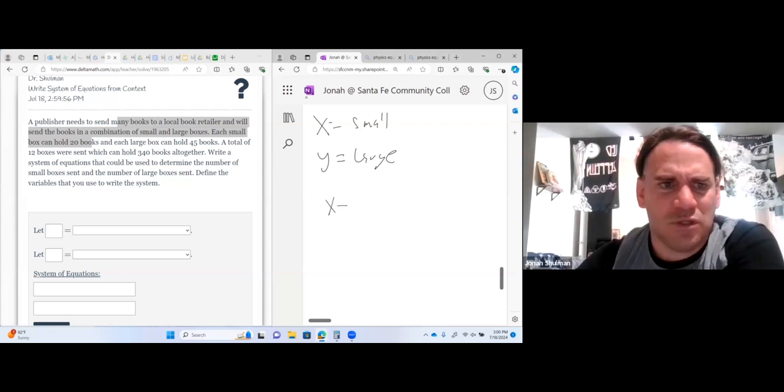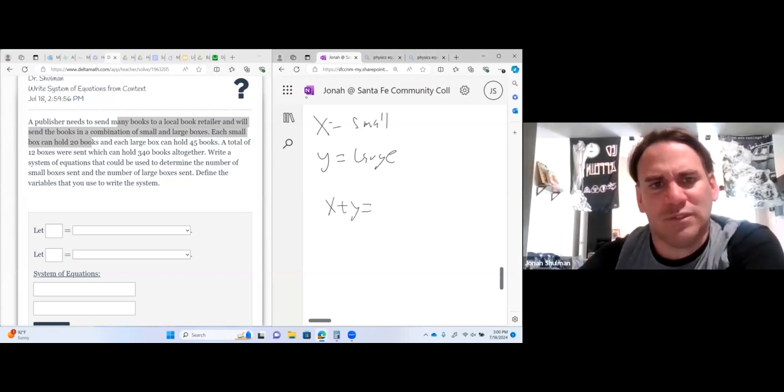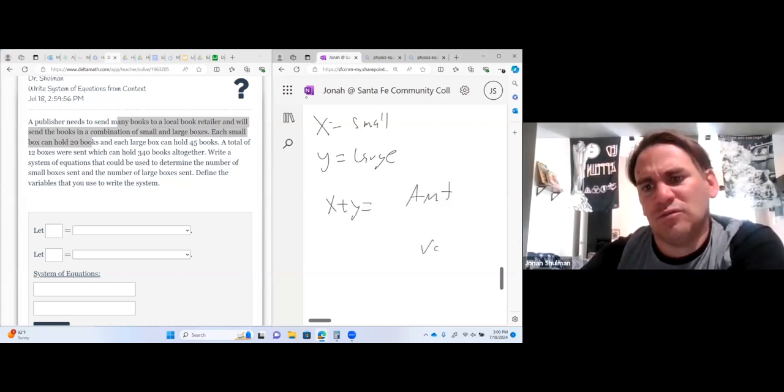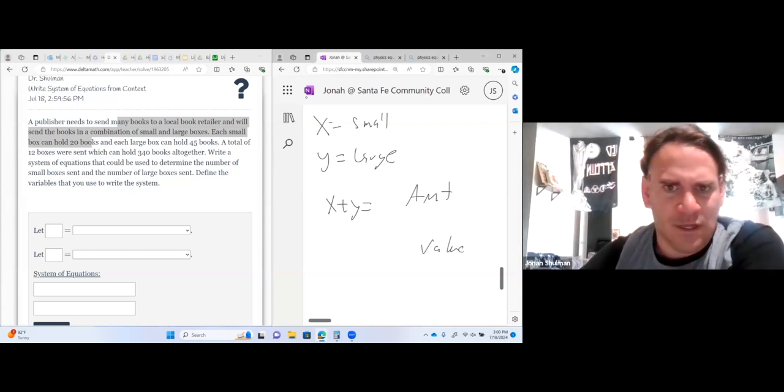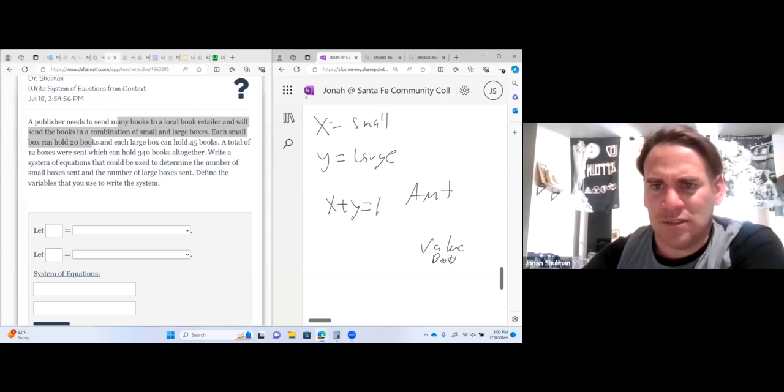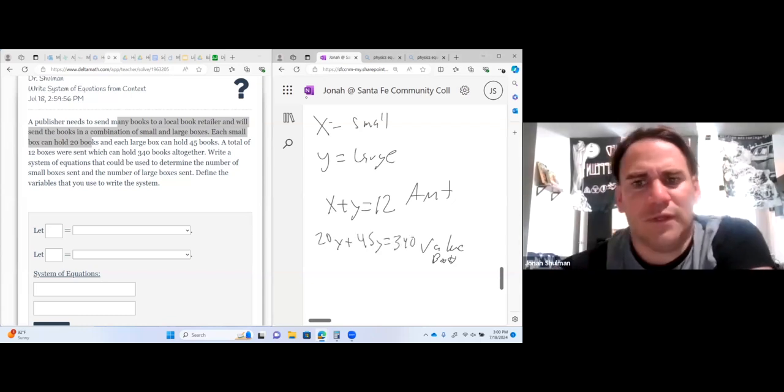So that's X plus Y. I always do amount and then value, or you could do money. So ours is amount and books. So X plus Y is going to be our 12 boxes. Then we know that the small is 20, so that's 20X plus 45Y equals 340.